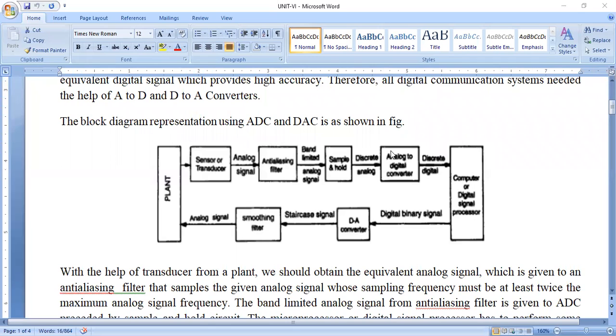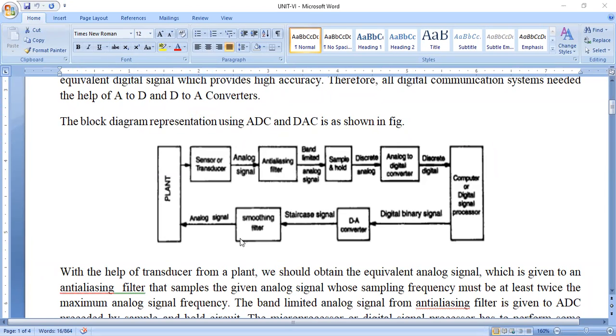The output of the digital to analog converter appears in a staircase manner. Most of you are familiar with this type of staircase output, which is passed through smoothing to reduce the effect of quantization.